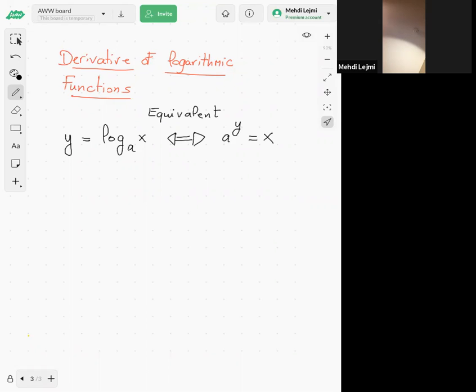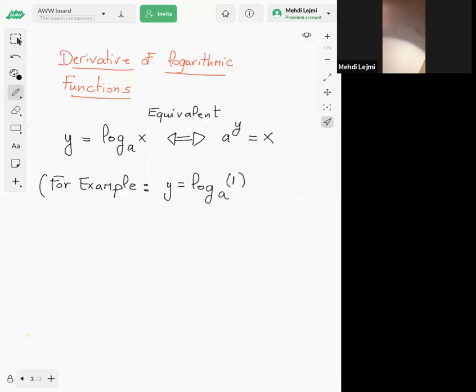All right, so for example, this is just an example. Let's say you want to compute log in base a of 1, all right? So this is, let's say, y. So what will be log in base a of 1?